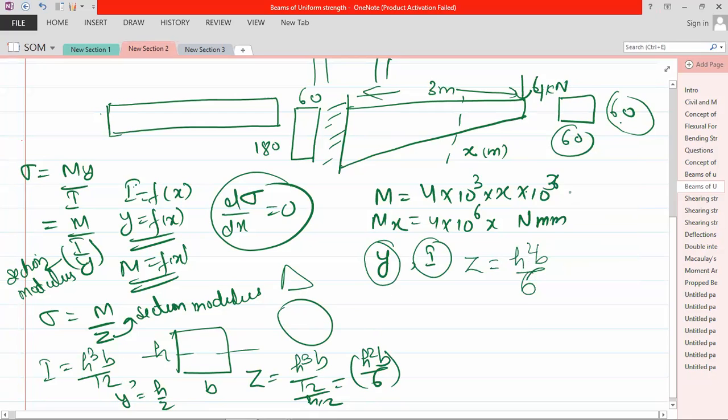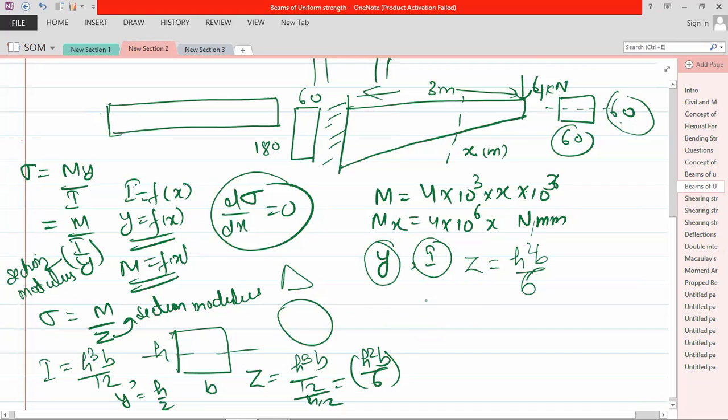So you can see that b is constant, only h is varying. So we need to find h as a function of x. Here it is given 60, here it is given 180.